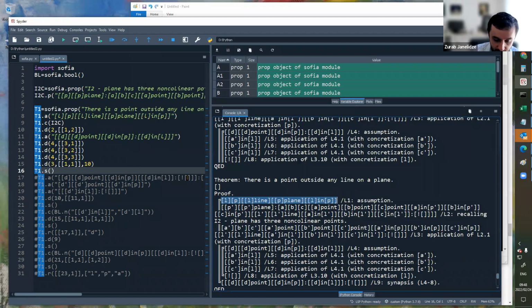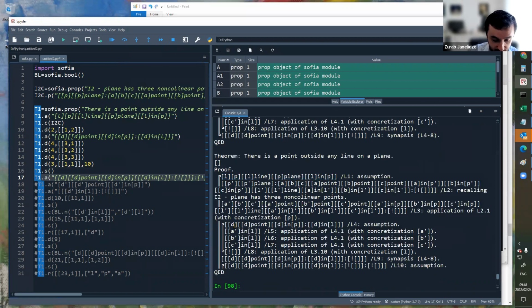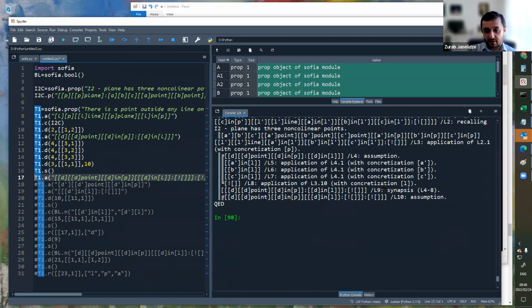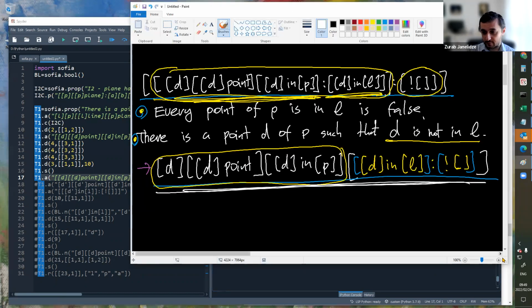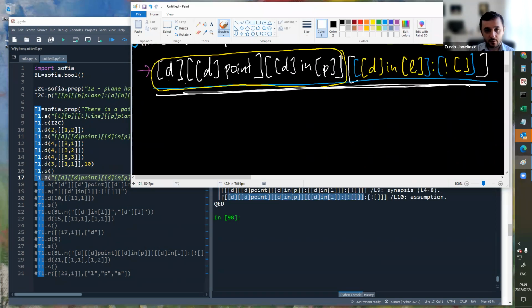Let's go back to here. So the next line in the proof, let's see what it says. The next line in the proof is an assumption. If I read this whole thing, I recognize there this part, which is exactly what I want to prove. Let me show you. So you see, having a point, having D, that's a point that lies on P, and having the fact that D lying on L is false.